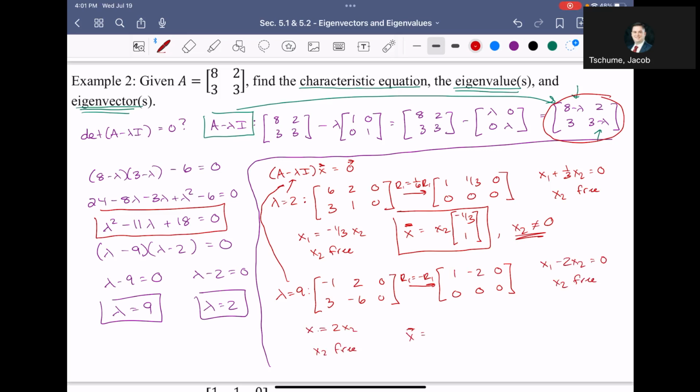Writing that in parametric vector form, which we've been doing since chapter 2, this is going to end up being x2 multiplied by the vector, and you should get 2, 1 as your elements. So once again, plugging in any x2 other than 0 into this equation will generate an eigenvector of lambda equals 9. And so that is how you find your eigenvalues and eigenvectors of a square matrix.